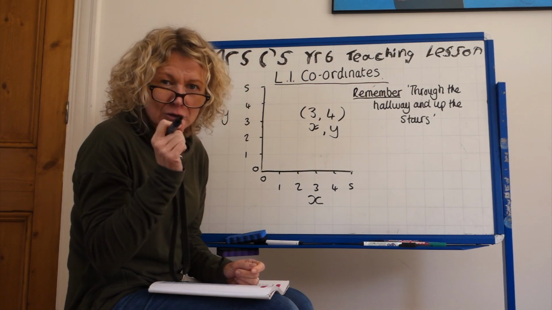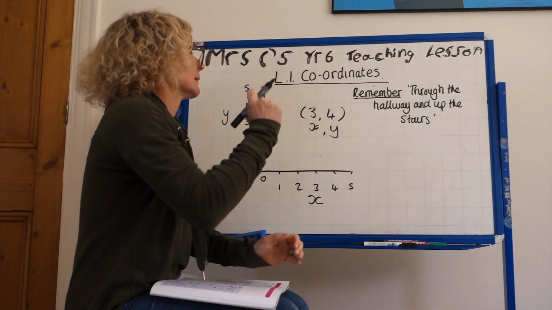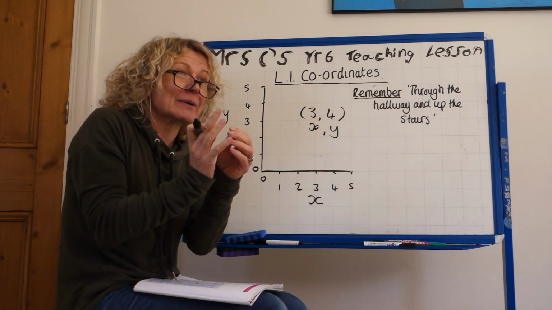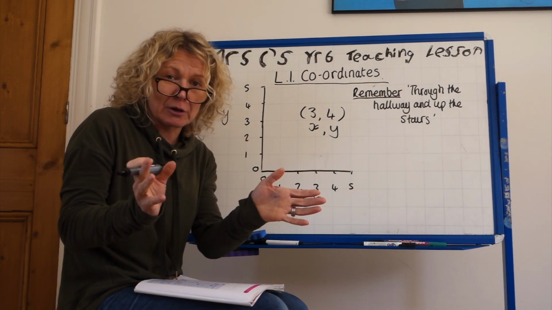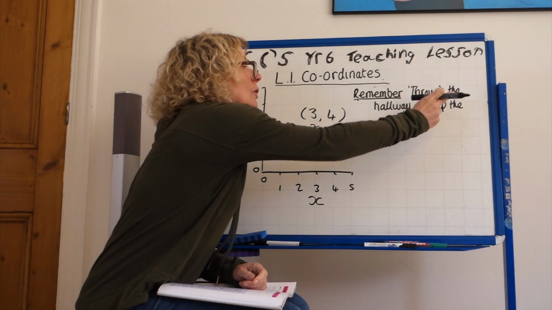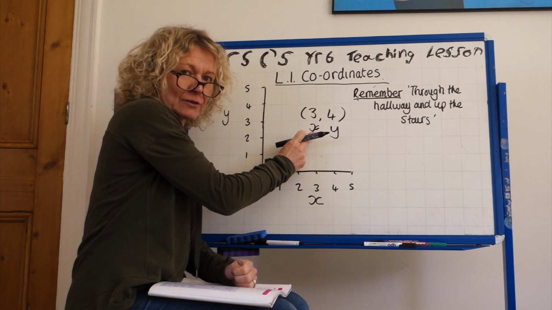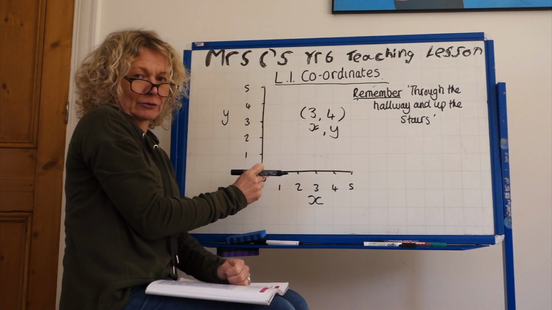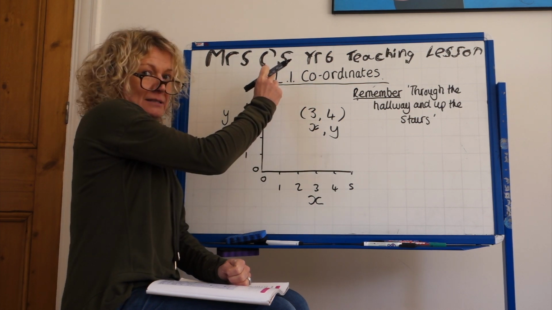We're now going to plot these coordinates. Your mum and dad might know, and how we tend to remember how to plot these is with this saying. So remember, through the hallway and up the stairs. X first, followed by Y. So you go through the hallway on your graph and then up the stairs.